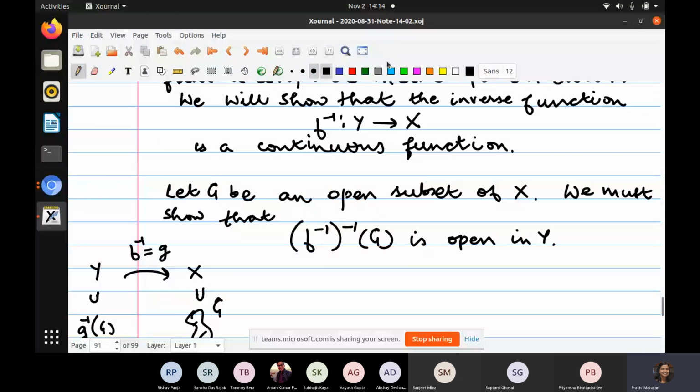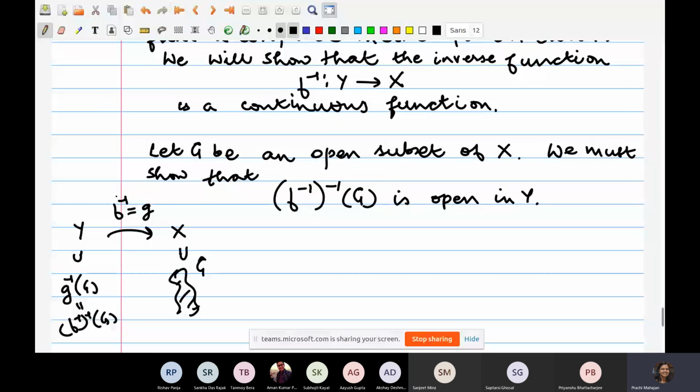Excellent. All right. But since f is given to be a bijection, f is 1-1 and onto, what can you say about this set, the pullback of G under f inverse?